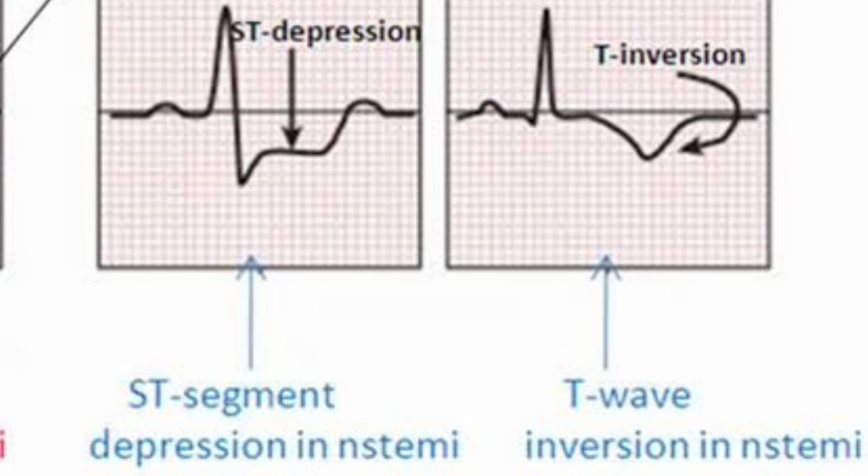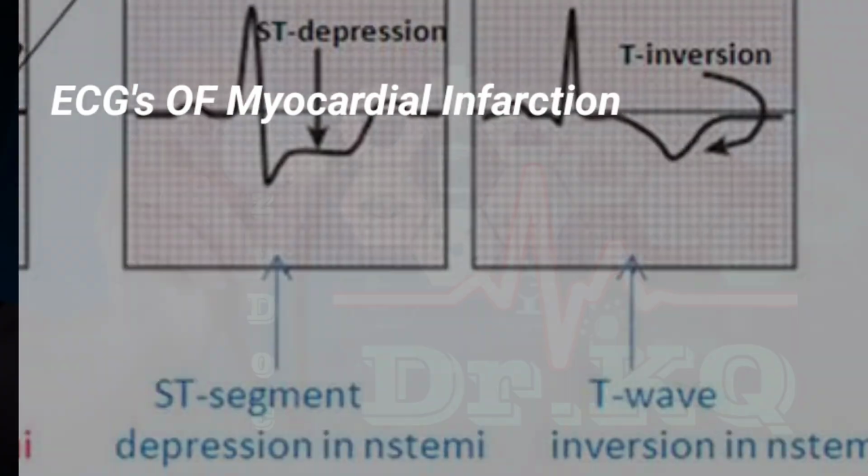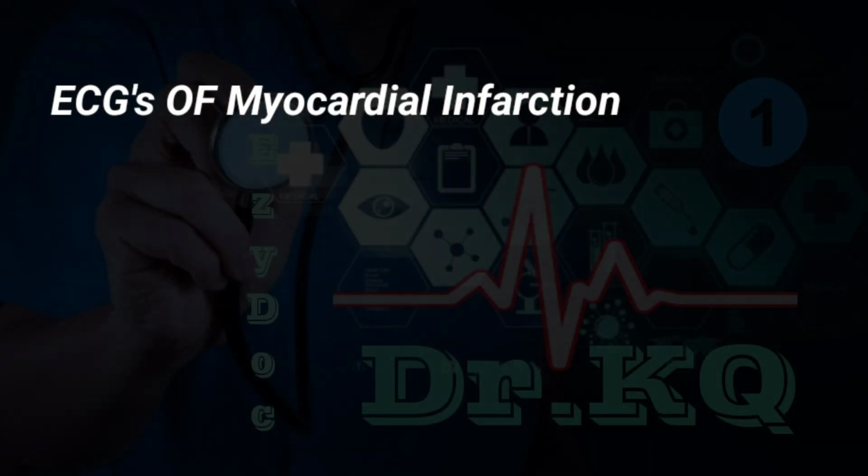There is also a possibility that the T wave will be absent, or the T wave can be deeply inverted, and usually it will be symmetrical. So until now we have discussed all the different cases of myocardial infarction, and we have seen different ECGs with different patterns. So this was all about today.